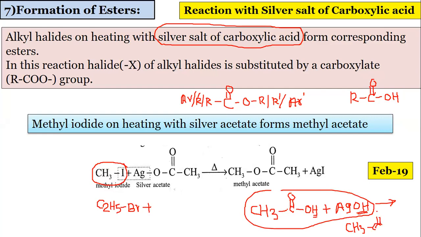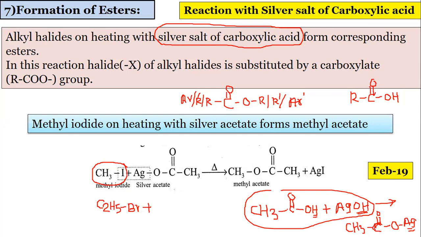CH3COOAg. This is which salt? This is silver, because the group which is attached to the oxygen we have to take first. This is silver, and how many carbons are there? Two carbons.